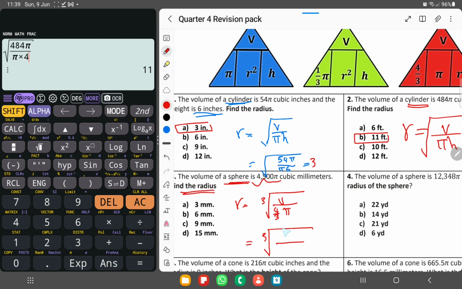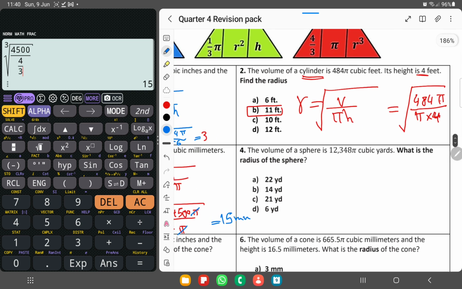Cubic root, what is the volume? 4,500 pi over 4 over 3 pi. Actually, you have pi and pi here, so they can cross out. On the calculator, you can write it like this: cubic root of 4,500 over 4 over 3. So the answer here is 15 millimeters.